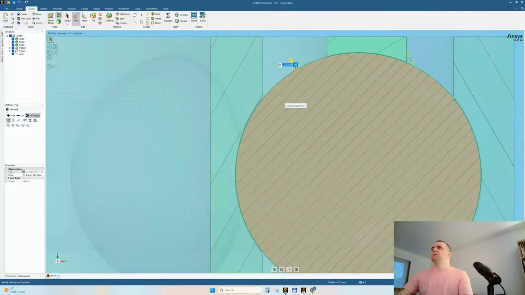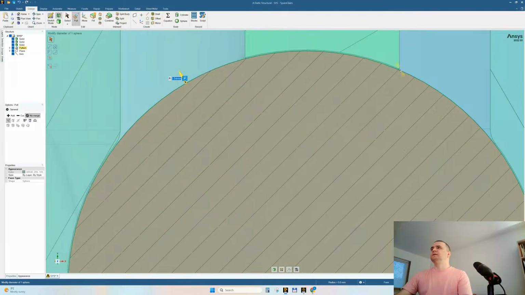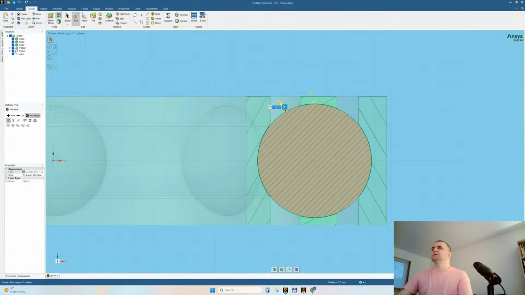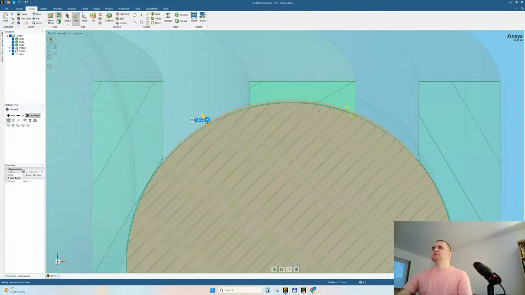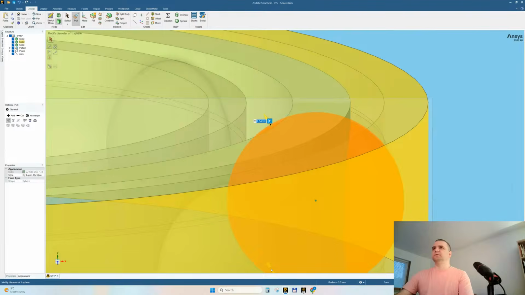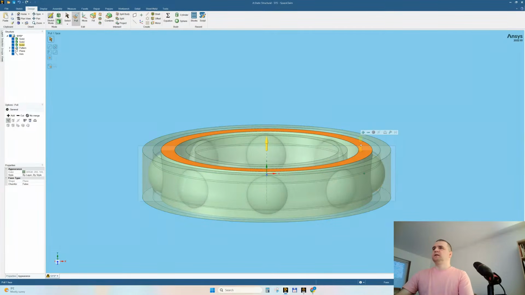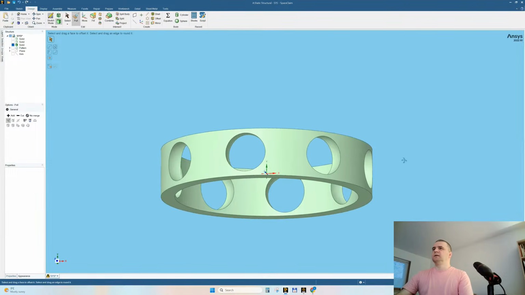Sincerely, again, I also would like for these two edges to be rounded. These edges for each cutout pertaining to each ball. How do we do it? Let's hide other objects. Click on the cage, hide others, and maybe click here.